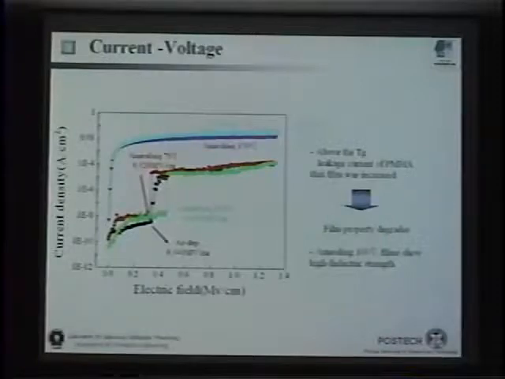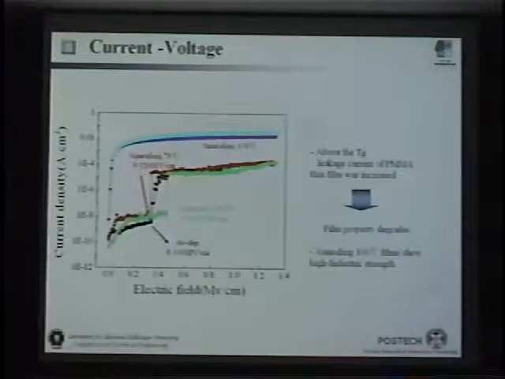And from that semiconductor-insulator-metal structure, you can also measure IV characteristics, the leakage current through the gate dielectric. This one shows the electric field, and this one shows the leakage current. And looks like there is a jump in leakage current around 0.3 megavolt per centimeter.